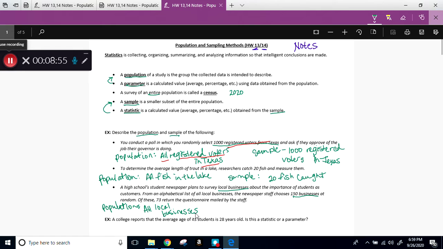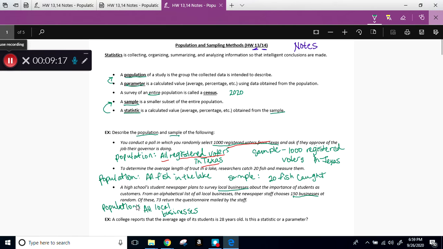Okay, so remember the population is kind of like the group that you're talking about. Just like the last example, we're talking about all the fish in a lake. The one before that, they're talking about all the registered voters in Texas. Now they're talking about all the local businesses.